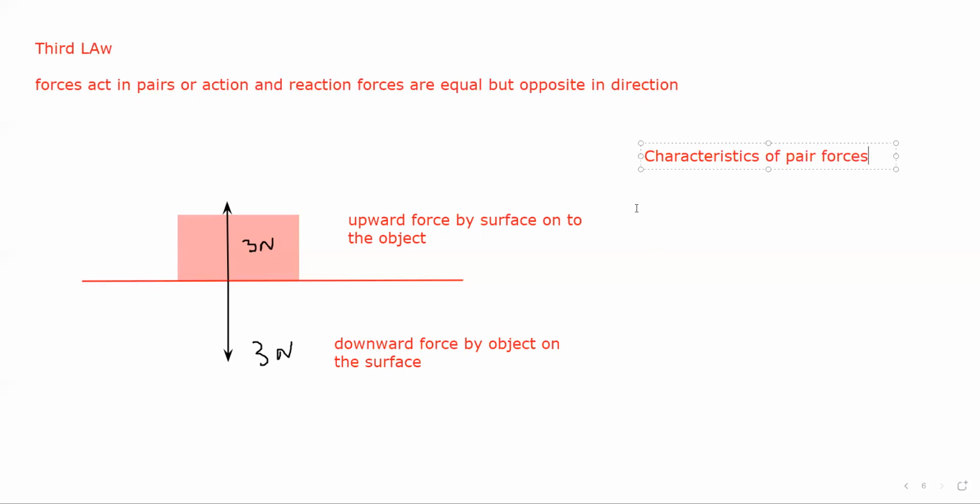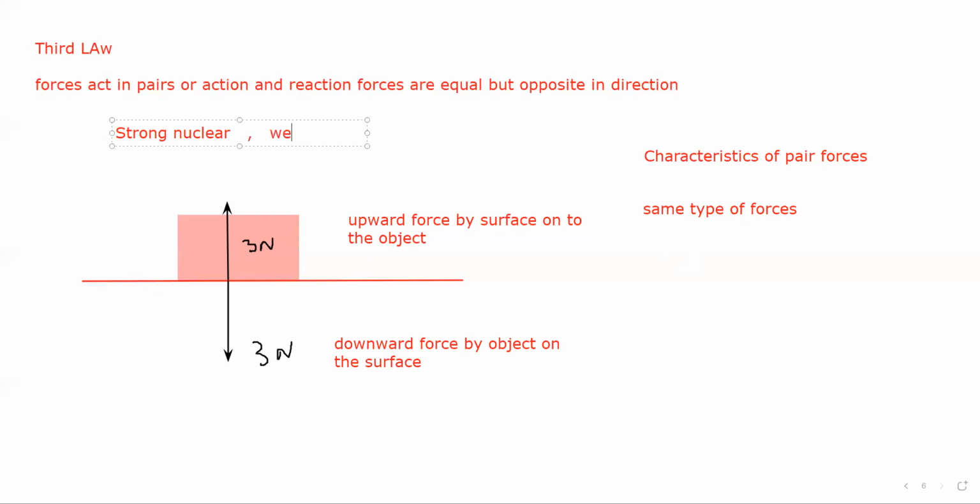So characteristic of Newton pair forces, they are always acting in their same type of forces. Same type of forces, as we know, there are four basic fundamental forces. Strong nuclear force exists between the particles which are within the nucleus or subatomic particles such as quarks.